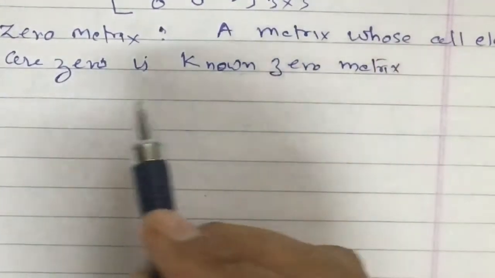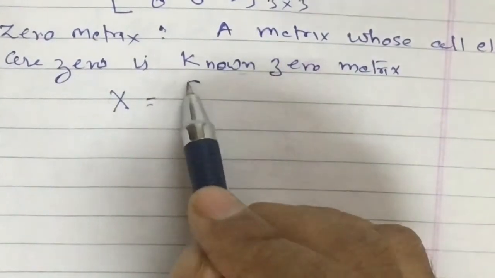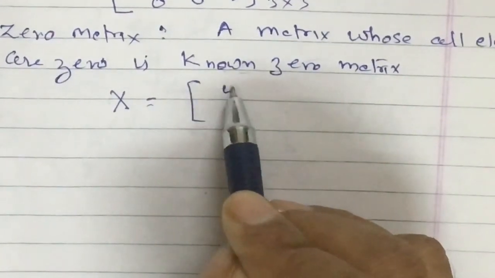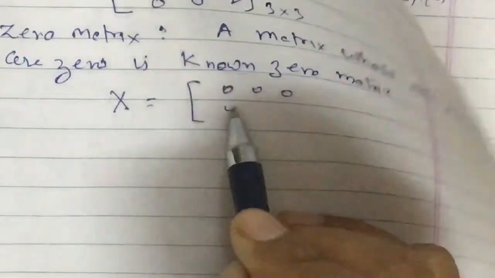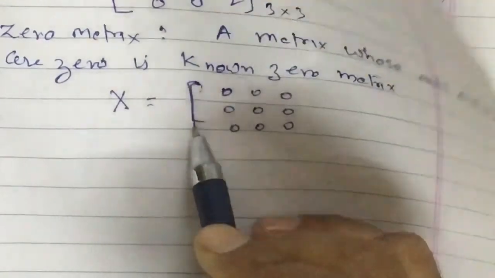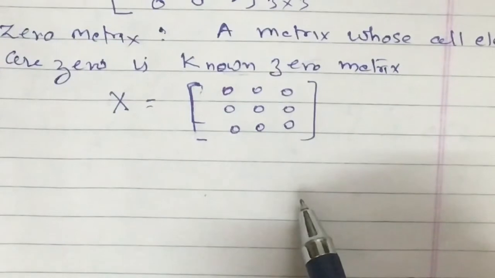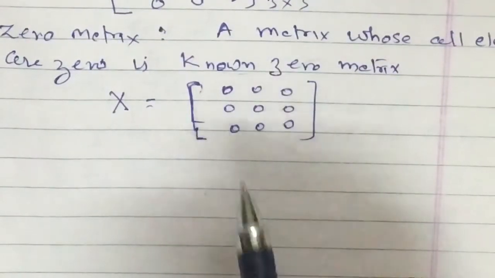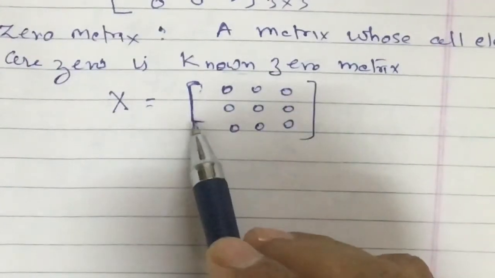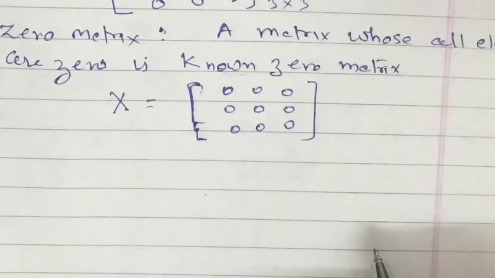Let me give you one example. Here is X, any matrix whose elements are 0, 0, 0, 0, 0, 0, 0, 0, 0. So this matrix is known as your zero matrix because all elements are zeros. So in a zero matrix none of the elements will be any nonzero scalar number, all are 0.